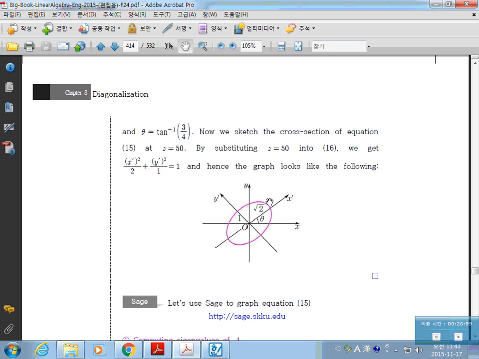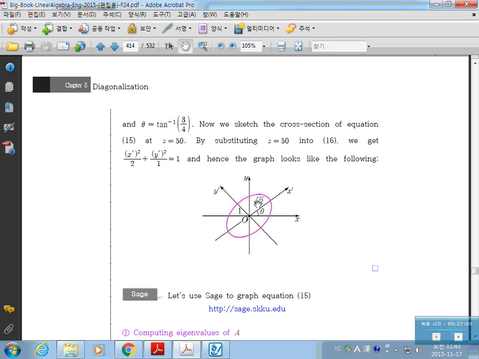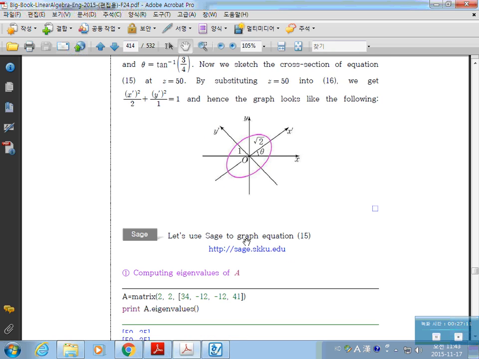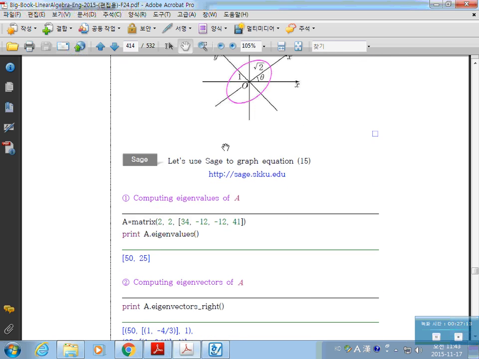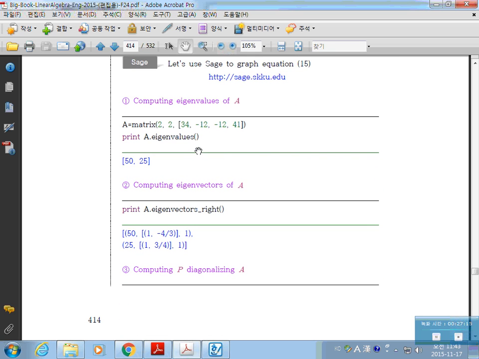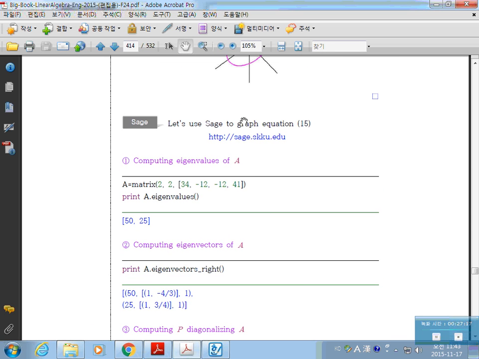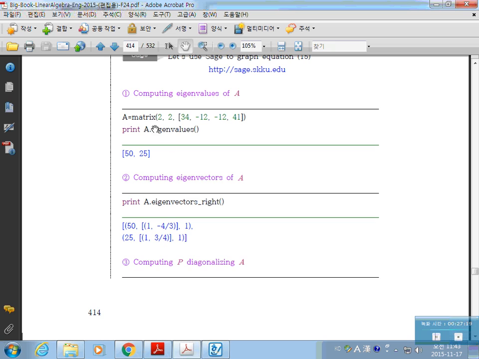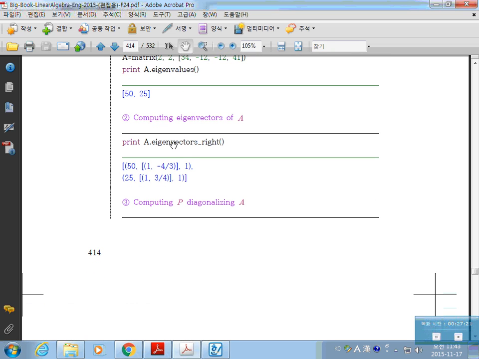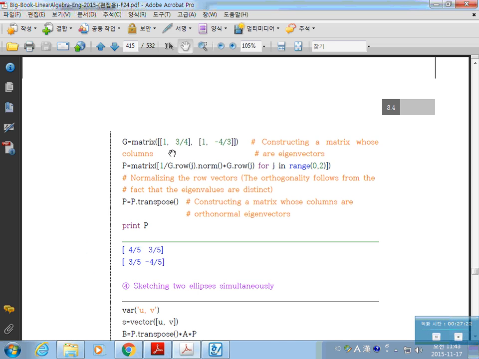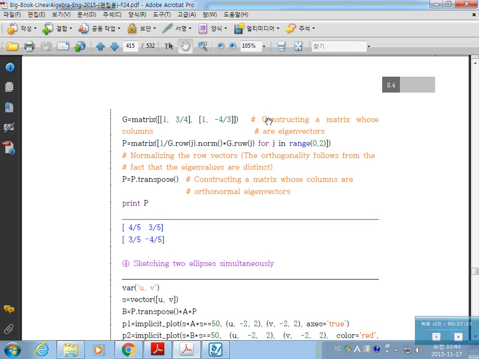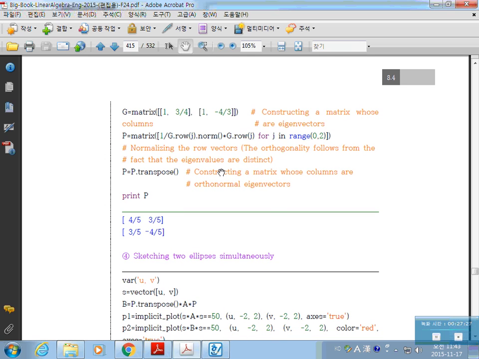So you can draw the graph in the new axes, which were rotated by this angle counterclockwise. We can do this whole process with this code. From this quadratic form, we find the eigenvalues of that symmetric matrix, find the corresponding eigenvectors, and then use the Gram-Schmidt orthonormalization process.